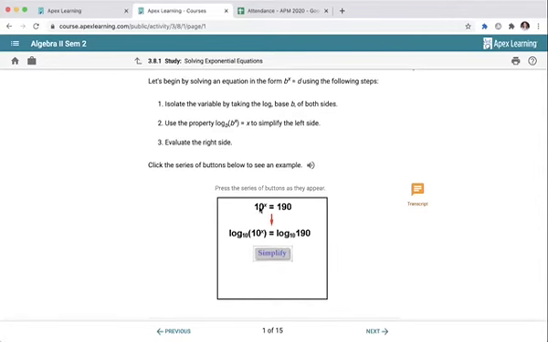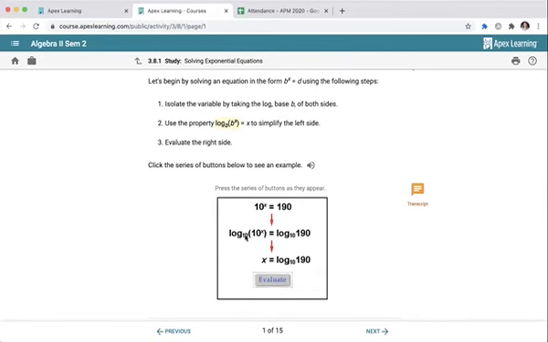So this is 10 to the power of x, right? That's our base. So we change it into log base 10 of 10^x and log base 10 of 190. The reason we do that is because when we simplify, we can use this property: if our log function has the same base value as the value inside, those cancel each other out.